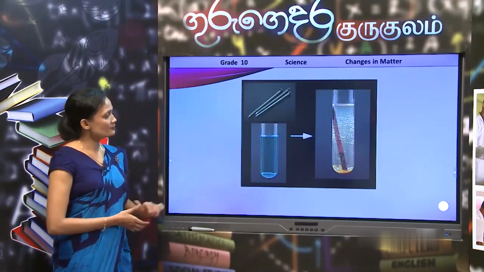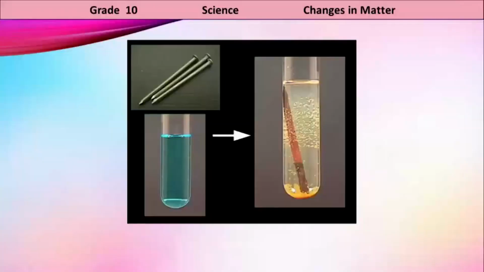Look at this picture. In this picture, you can observe a few iron nails. Here, copper sulfate solution. It is blue in color. When we add an iron nail into copper sulfate, what happens? It is represented in the picture given here.